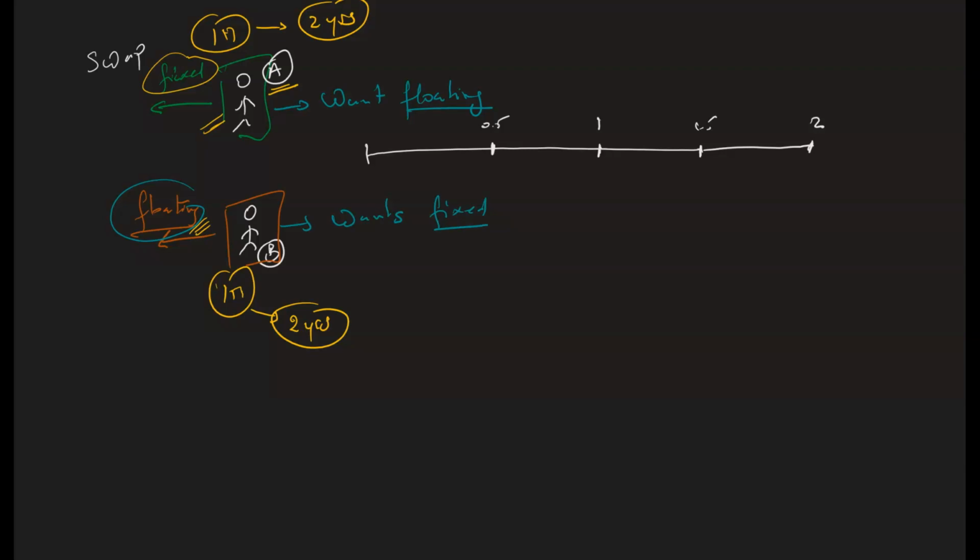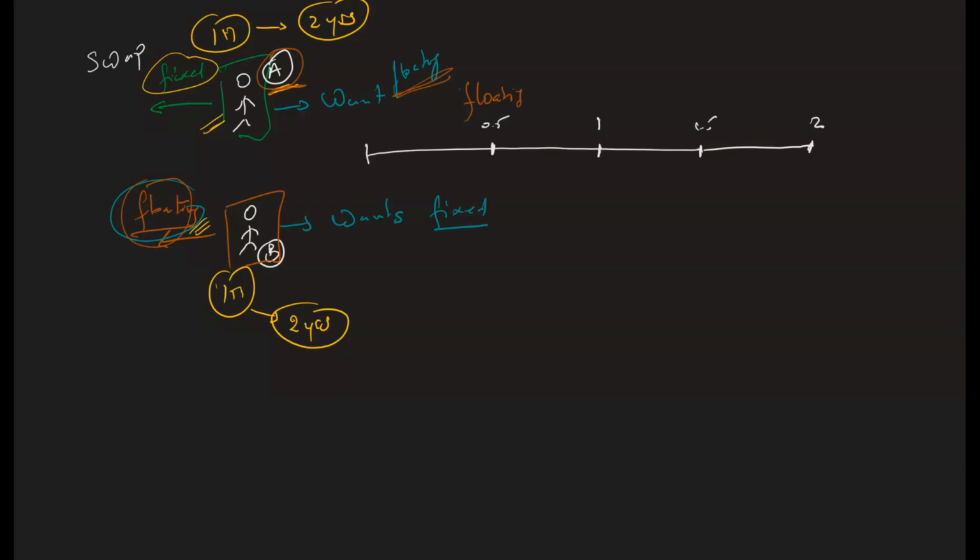What's going to happen here is that party A would rather have a floating rate. And so party A is going to offer to party B to pay its floating rate, or at least a proportion of that.